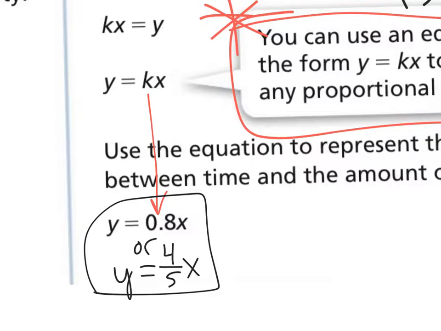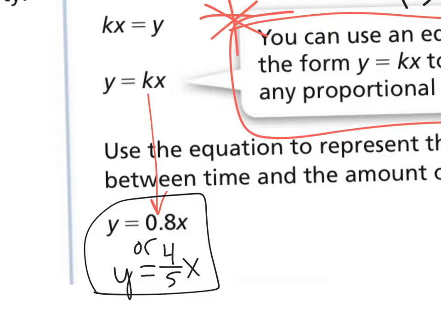A value of having that equation would be if we're trying to figure out for a lot of different things. Okay, if we're trying to figure out what y is, in other words, in this case, we're trying to figure out how many liters of water for a number of hours. So like if somebody said, well, how much water would it be for 20 hours? How much water would it be for 24 hours? How much water would it be for 50 hours?